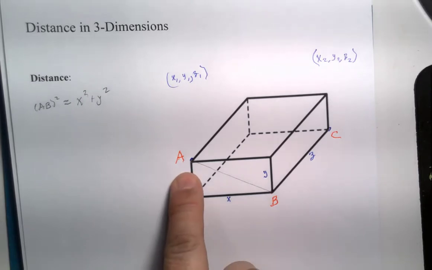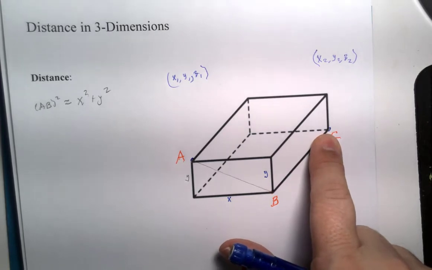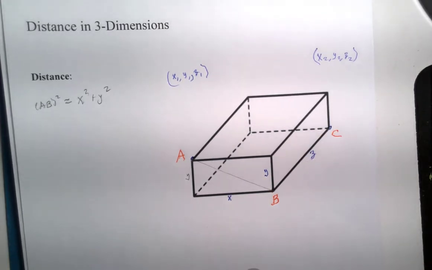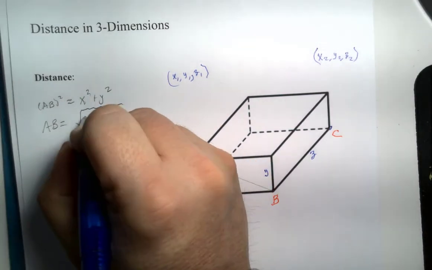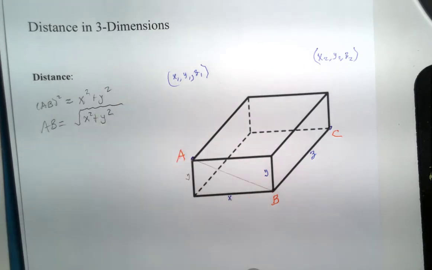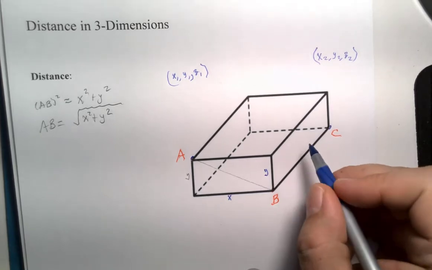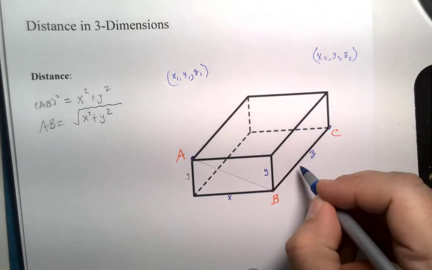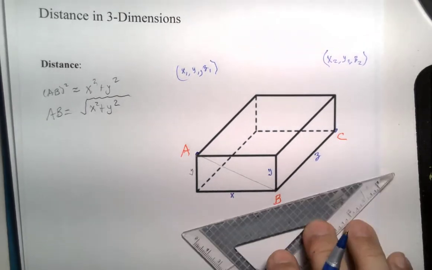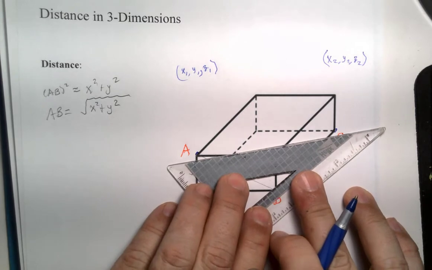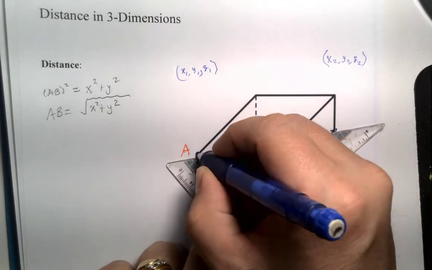But we're not interested in A to B, we're interested in from A to C. Now, it turns out that AB, that distance, we could write as the square root of x squared plus y squared. If I were to consider a completely different right triangle, this triangle connects between A and C. All right, let's see if I can make this happen here.